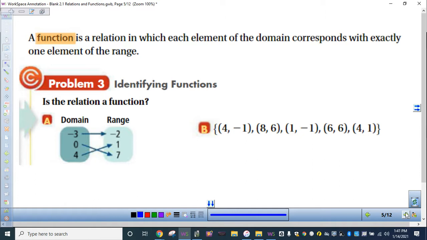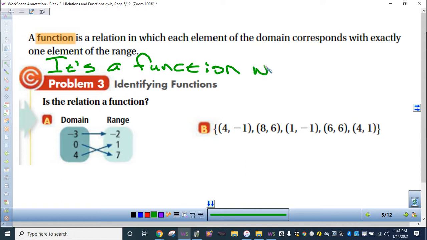I really encourage you guys to start reading that kind of statement and trying to understand it, because it's very SAT-like in nature. You're going to have to decipher that kind of math language, so just be ready for that. What that means is it's a function as long as there are no repeated x's. I'm going to write that down. So it's a function when x values don't repeat.